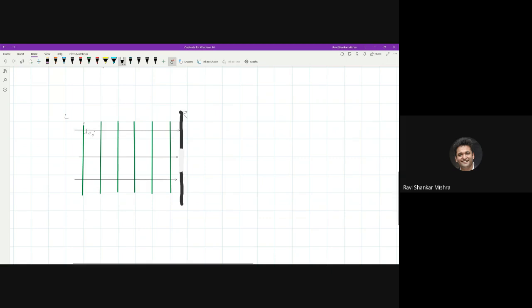So what will happen? It is going to stop the energy till here and it will stop this energy, right? But what about this portion? It will pass through.